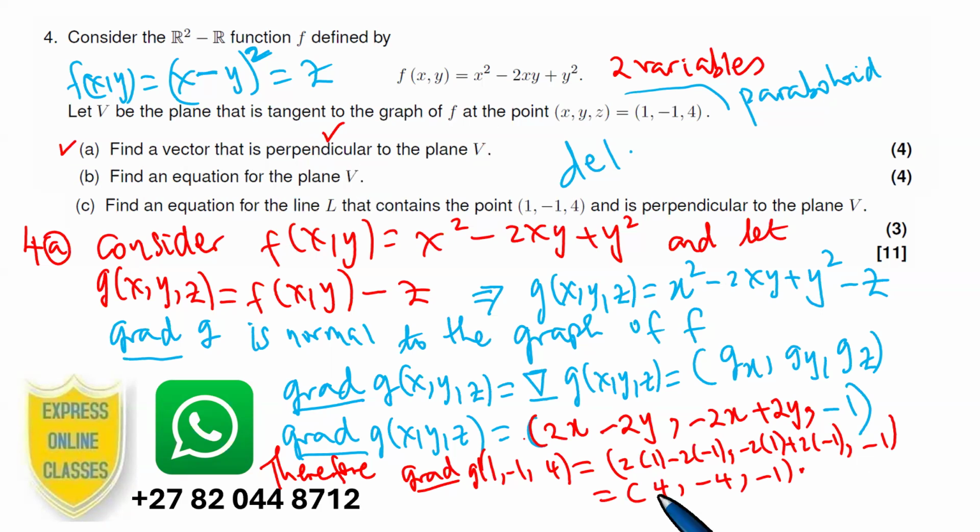So the gradient of a function produces a vector that is perpendicular to the plane that is tangent to the graph. This paraboloid is a paraboloid with a minimum vertex like this, and you can draw a tangent plane to it.